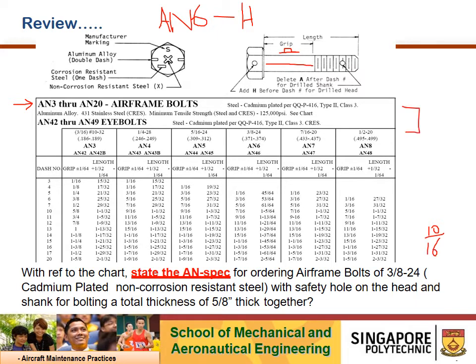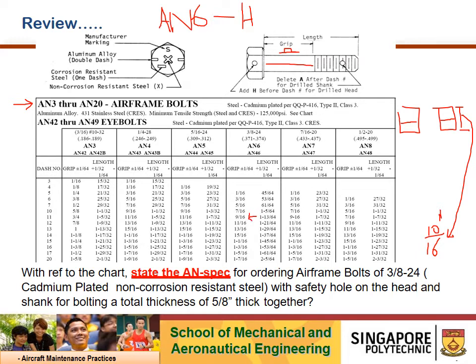Now, how do I determine the grip length? The total material thickness is 5/8 inch. Using the 3/8 column, I go down and look at 5/8. Changing it to a denominator of 16, times 2 gives 10/16. In this case, I need 10/16.